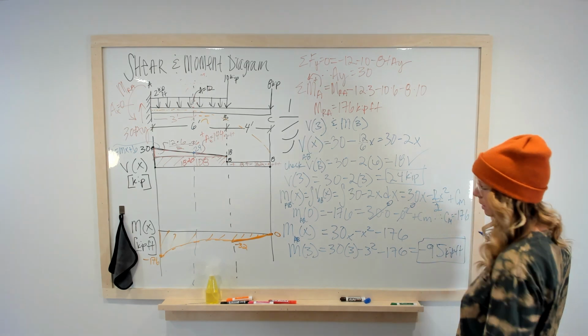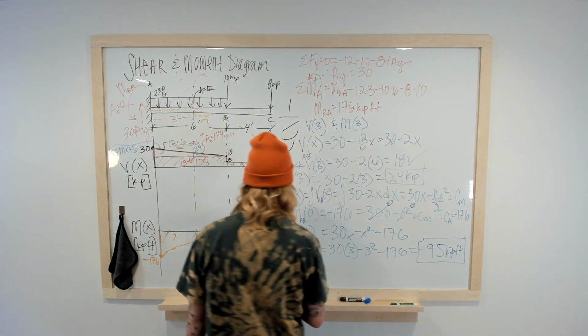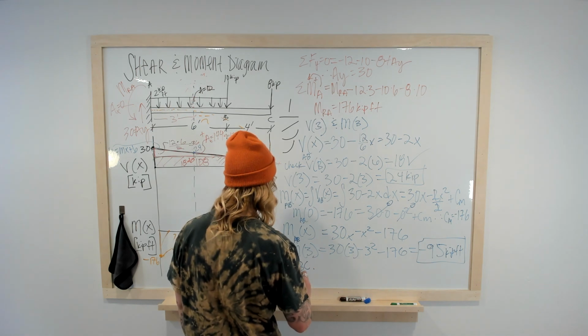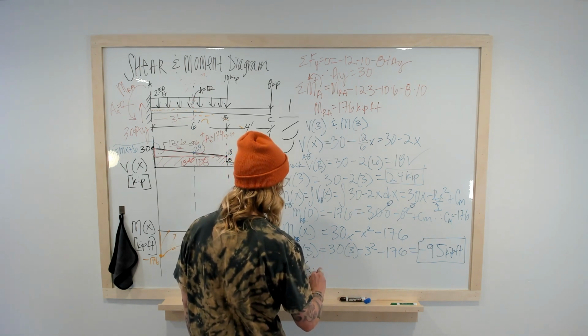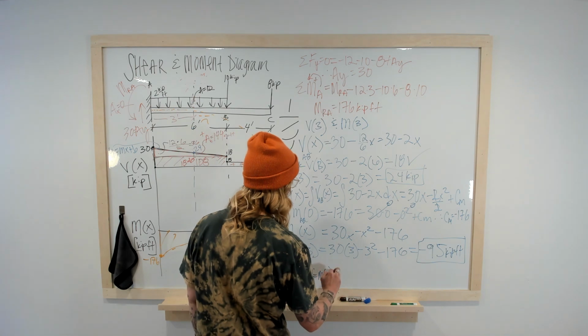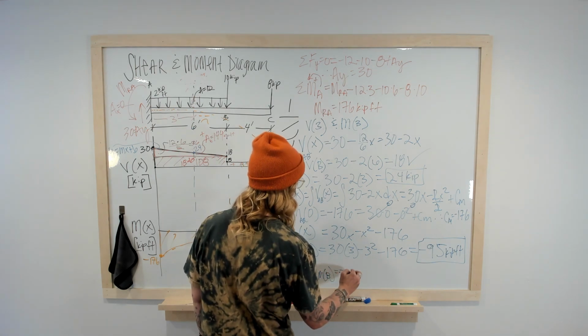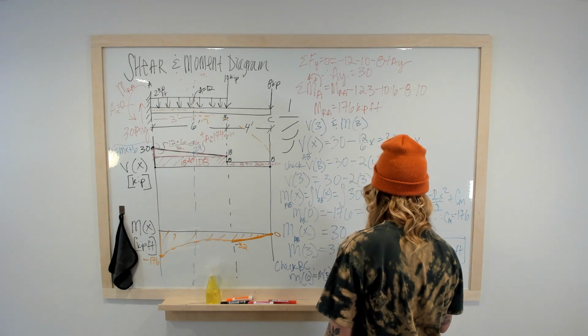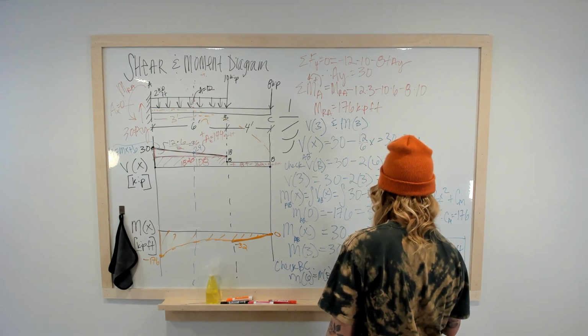Now technically we didn't check this, so let's check boundary conditions. We know that M of 6, which is equal to M of B, is equal to negative 32. So 30 times 6 minus 6 squared minus 176. Let's see what that equals.